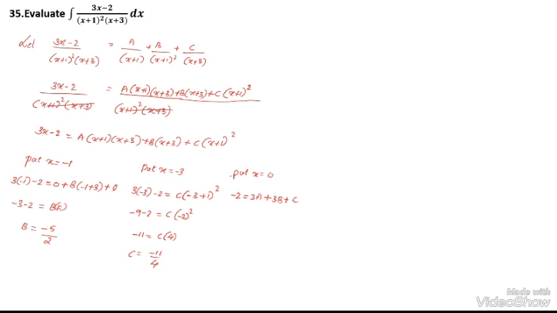While substituting the b and c values in this equation, the equation becomes 3a plus 3b plus c is equal to minus 2.